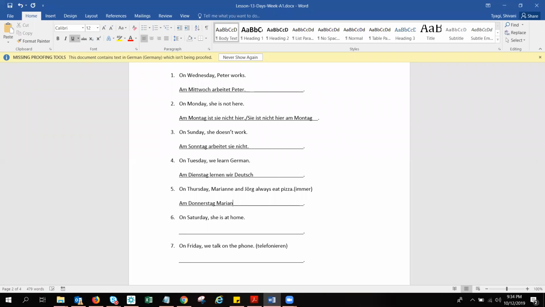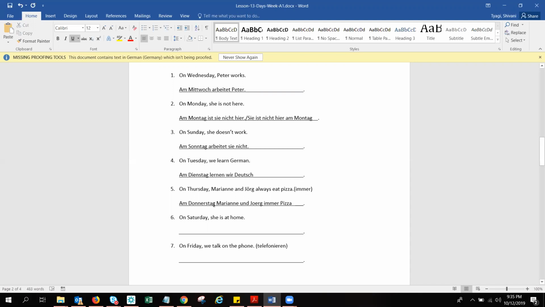Maria und York, immer Pizza. Now tell me, is it correct? No, I know, but we have to put the correct verb in the front. So after Donnerstag it is the verb, not the subject.